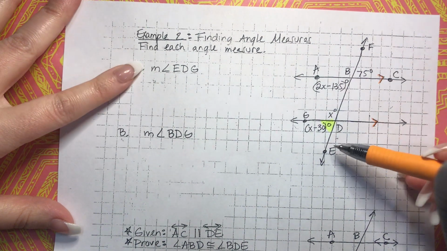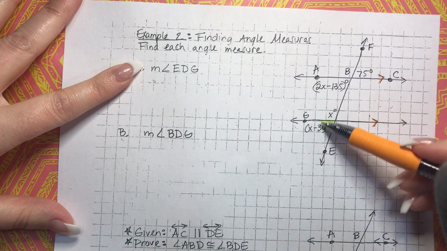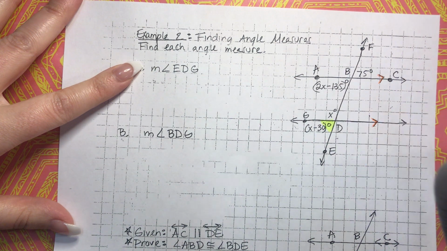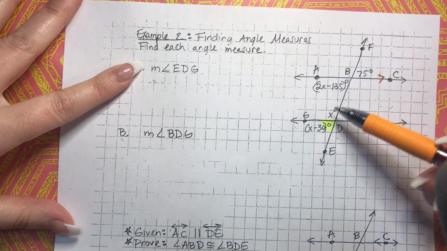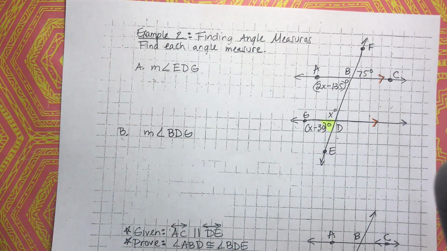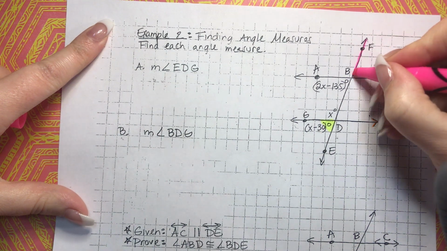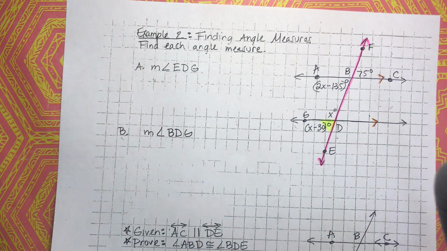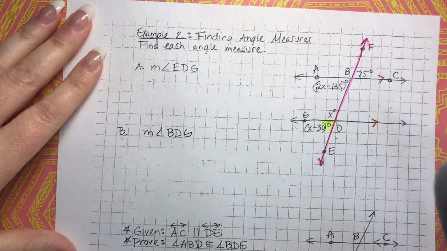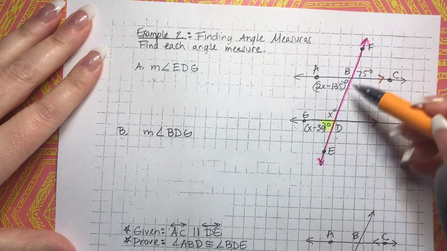So if I was trying to figure out EDG here, I see that these two are corresponding, so we know that those are congruent. And I also see that these two angles right here are alternate exterior, because this is my transversal cutting those two parallel lines. So the alternate exterior angles are also congruent.